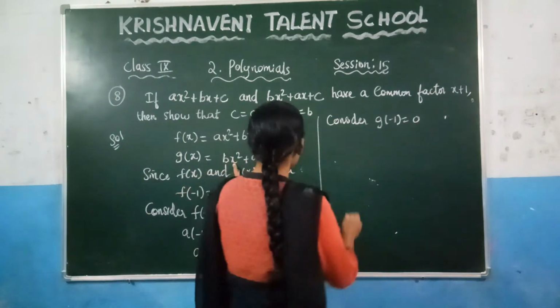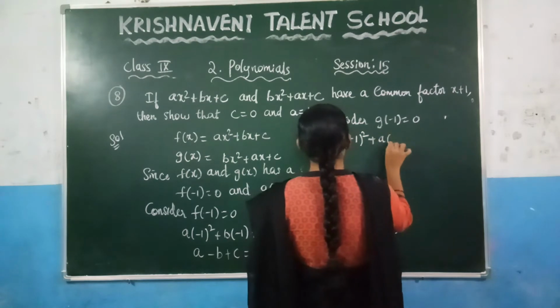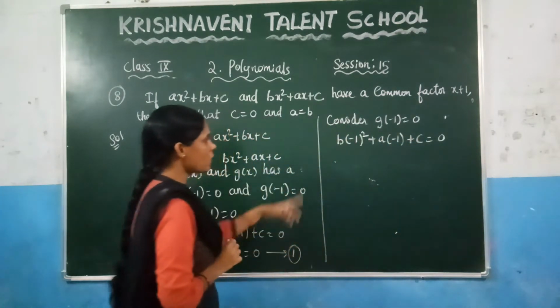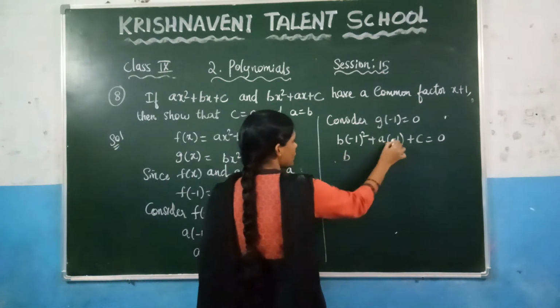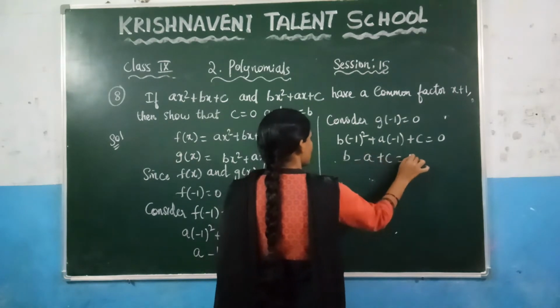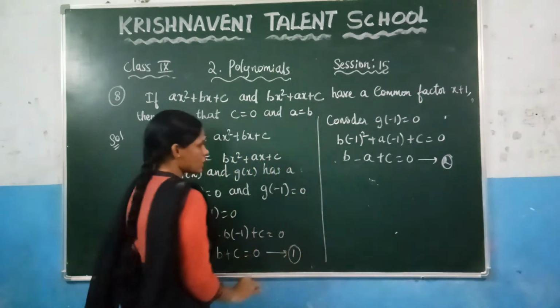After substituting, b into minus 1 whole square plus a into minus 1 plus c is equal to 0. Minus 1 whole square is 1, so 1 into b is b. Similarly, a into minus 1 is minus a, and plus c is equal to 0. Let us consider this equation as 2 and the earlier equation as 1.